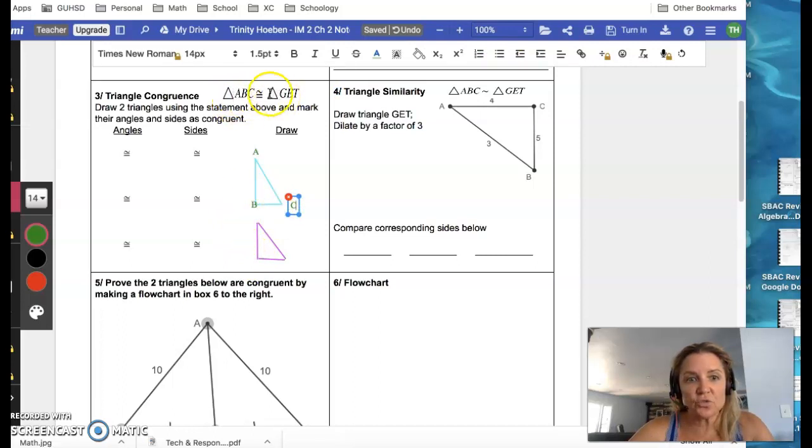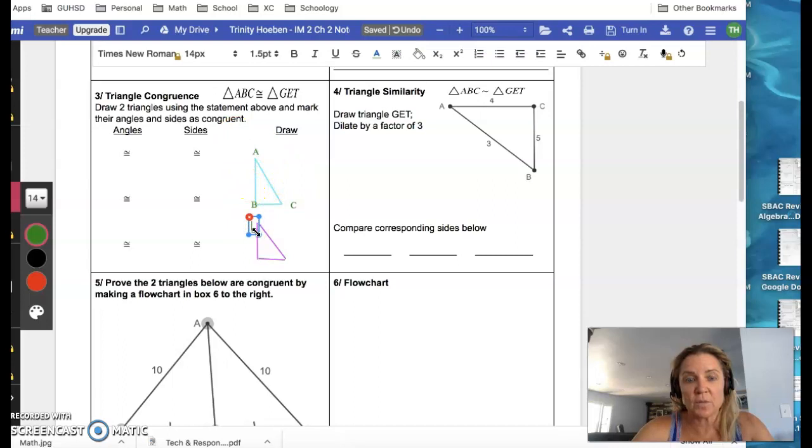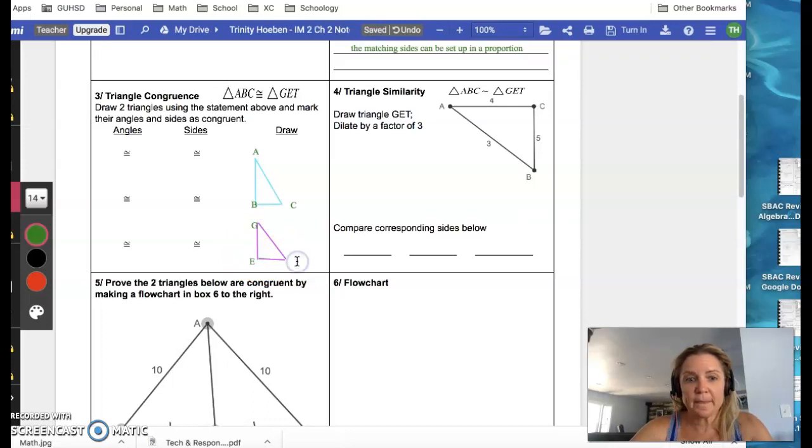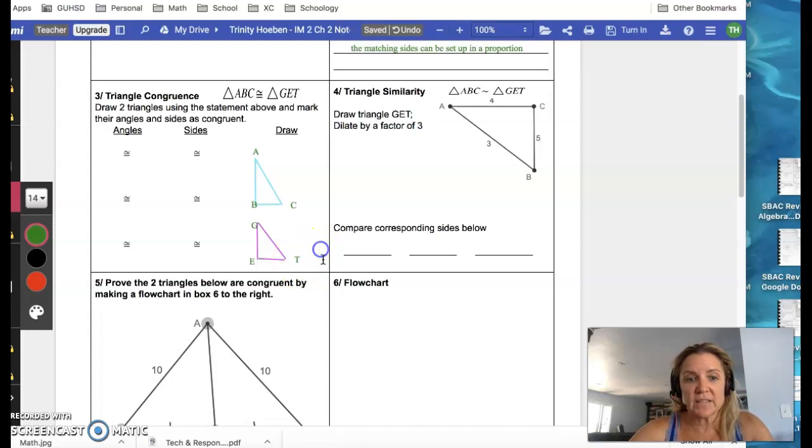It's congruent to triangle GET. The same order that I went in on the blue triangle, I need to go in on the purple triangle. So I'm going to call that one G because that letter came first, this vertex E because that one came second, and this vertex T because that one came third.